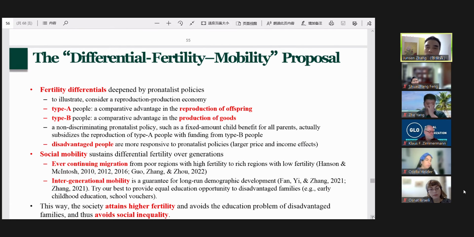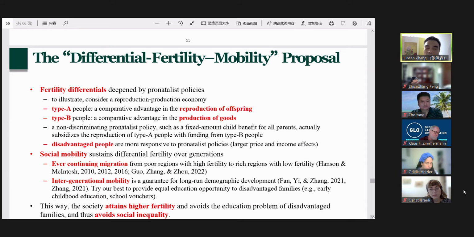So the second aspect of our proposal is we must provide equal education opportunities to children of different income class or education class.